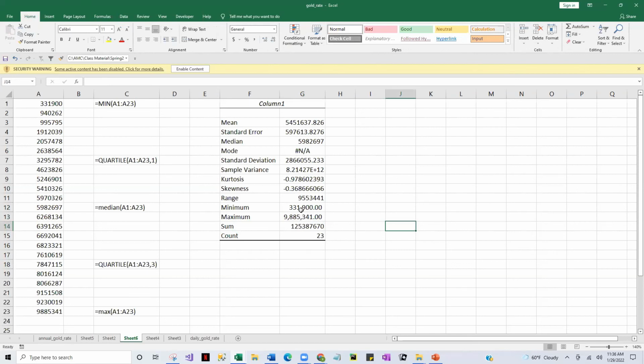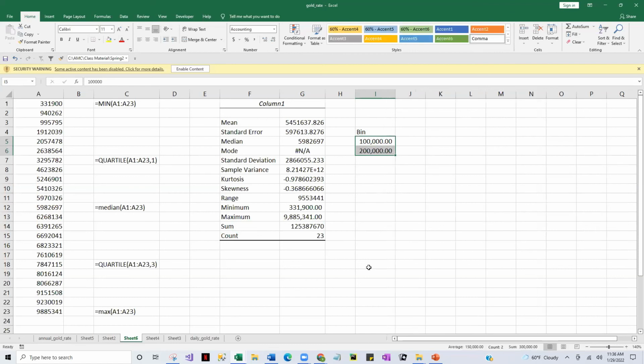So for the histogram, you need to create a bin. My bin is what values I want to put in each. I'm going to say until 1 million, I want in one bin, and the second million, I want to be in the next bin.